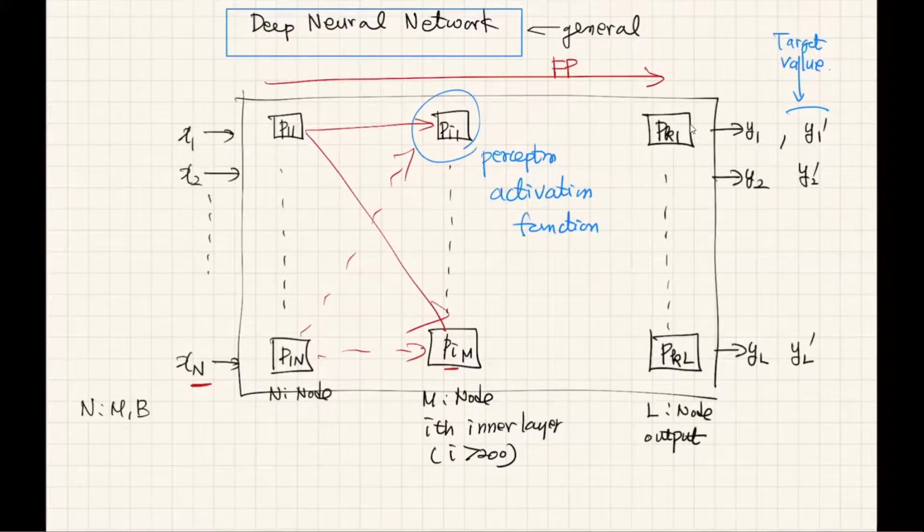And as I said before, we can define a cost function using y and y dash. Usually we compare the real number, the target number, and our output. And if the number is not the same, we still have some cost.